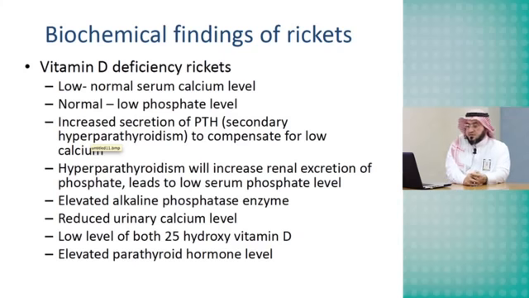Hyperparathyroidism will increase renal excretion of phosphate, so when we have secondary hyperparathyroidism the phosphate level will drop. The alkaline phosphatase will be high, the urinary calcium excretion will be low, and the 25-hydroxy vitamin D will be low. Parathyroid hormone will be high.